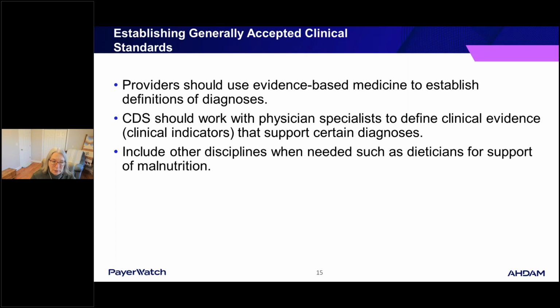Now, I know some providers have determined, hospital-wide or system-wide, a standard that we're going to use for the definition of sepsis, or for the definition of malnutrition or kidney failure. And they have something in writing, and you can use that as part of your support for a denial. You can go back to the payer and say, look, our hospital has determined this is how we diagnose, these are the criteria we use to support a diagnosis of this, or this.